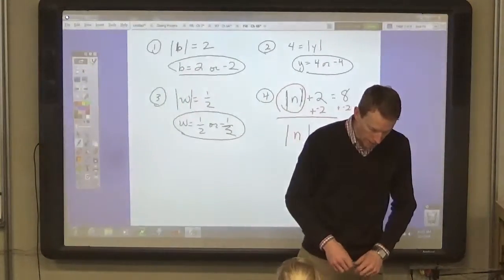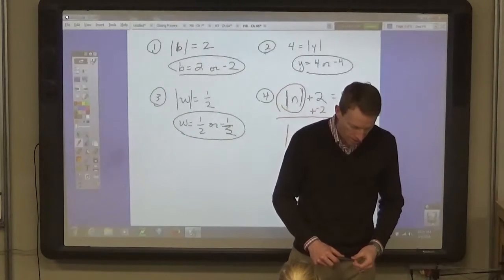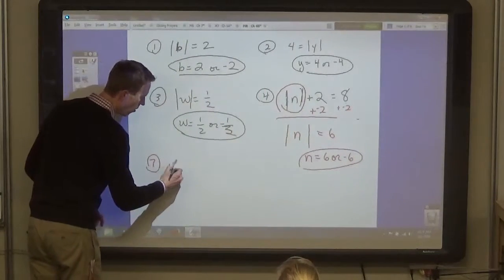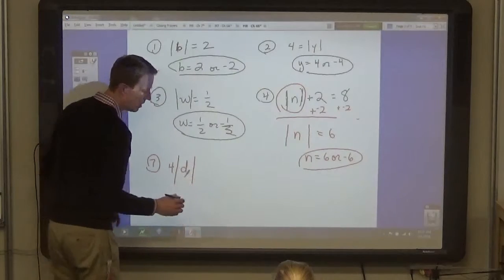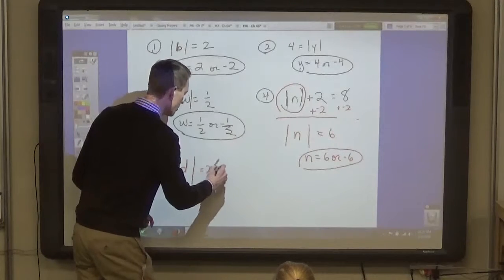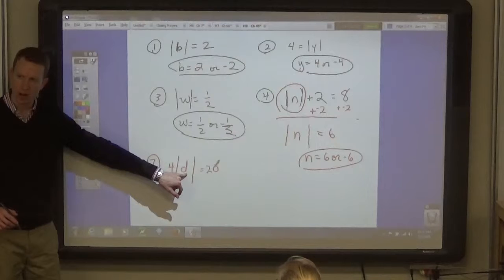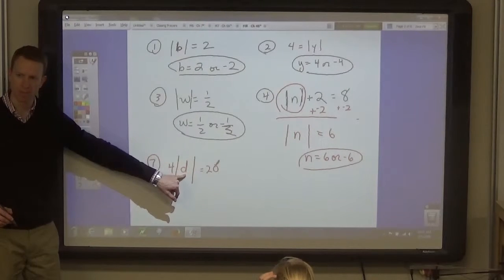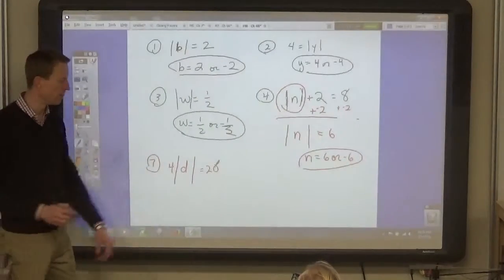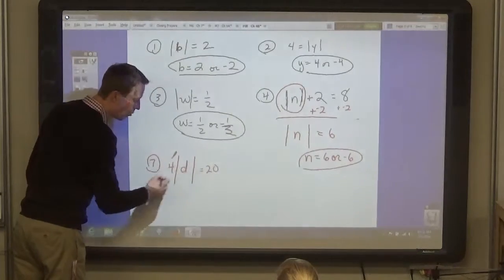Let's move to number 7. Number 7: 4 times the absolute value of D is equal to 20. So, since this is outside of the bars, it means multiplication. How do you undo multiplication? Division. Great.